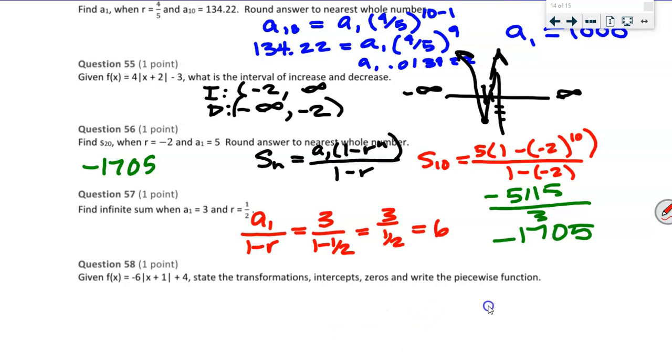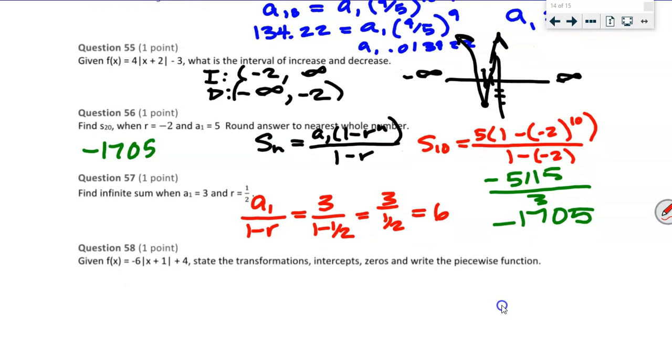Number 58 says, given that f of x is equal to -6 times the absolute value of x plus 1, plus 4, state the transformations, intercepts, zeros, and write the piecewise function. Okay, so on this one, our transformations: we know this reflects over the x-axis because a is negative, okay?